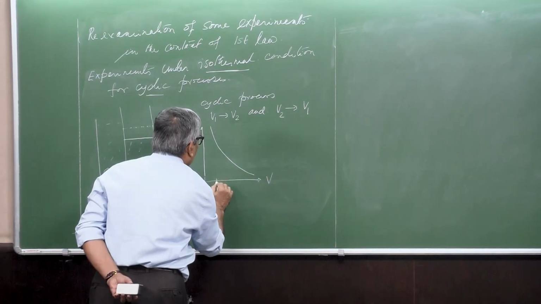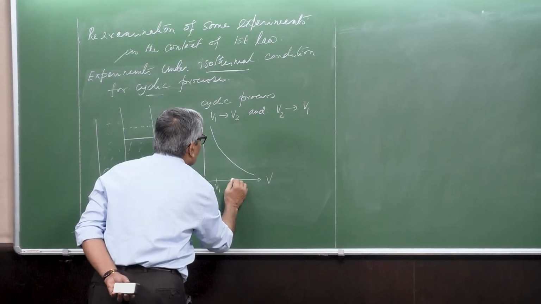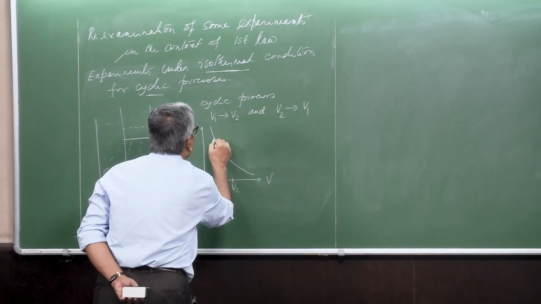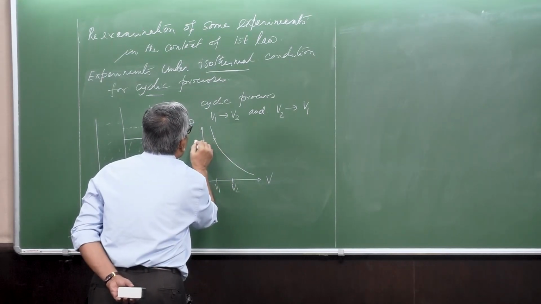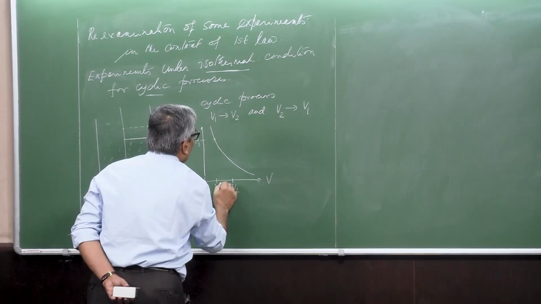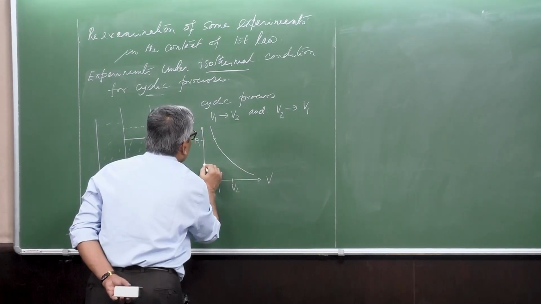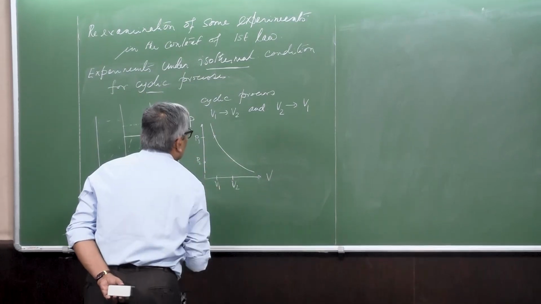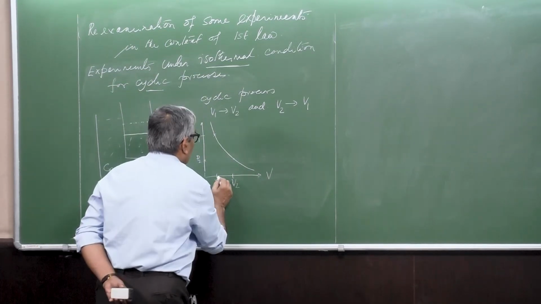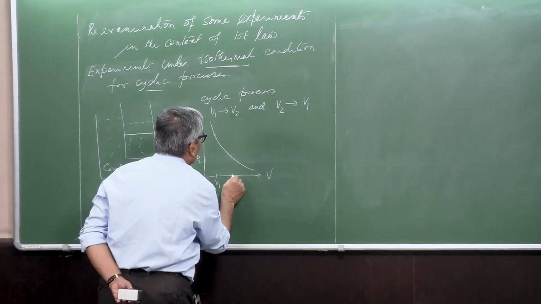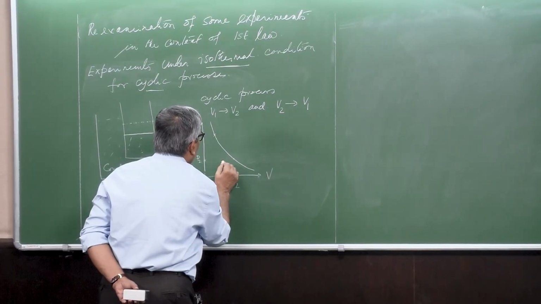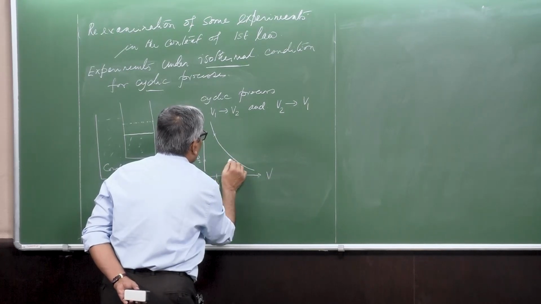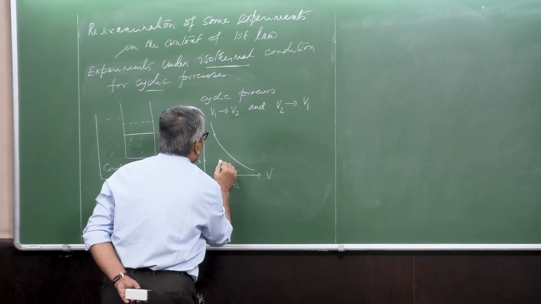I go from volume V1 to volume V2, and this is my equilibrium pressure P1, and this is my equilibrium pressure P2. For going from V1 to V2, I expand the gas under pressure P2, which is much lower compared to P1.